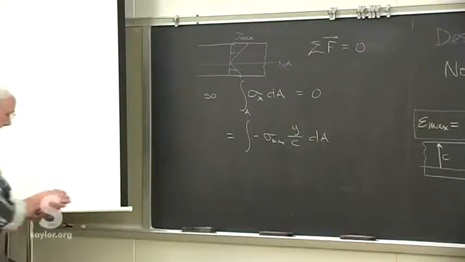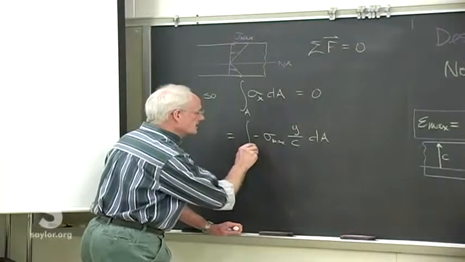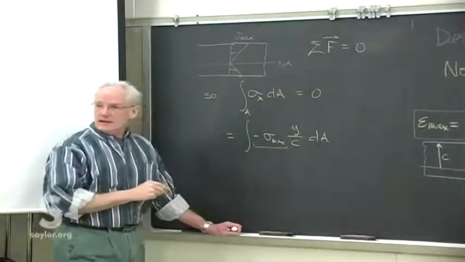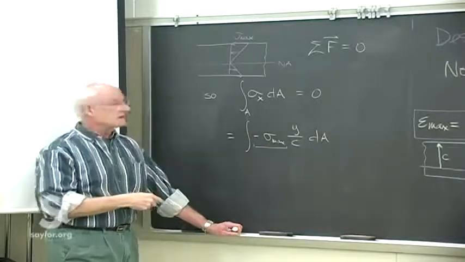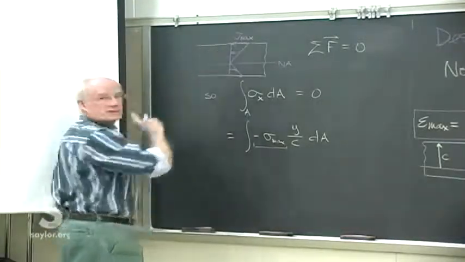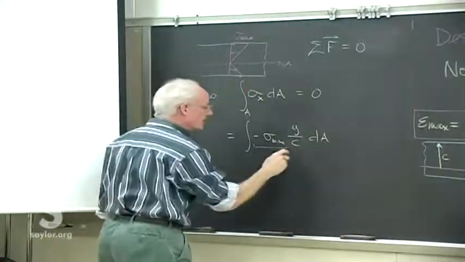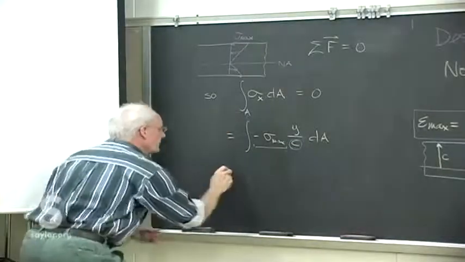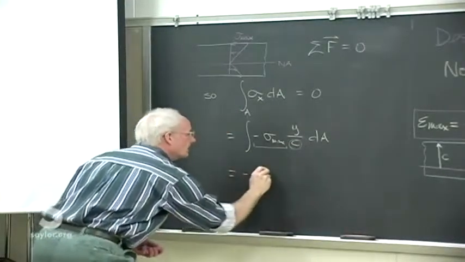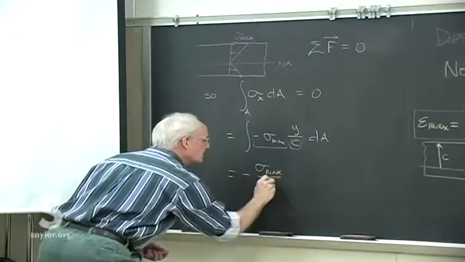Now, here's the beauty of this, and how we start getting to the answer. That is a constant. It doesn't vary anywhere in the cross-section, because that's the maximum stress at the outer limit of the beam. That doesn't vary. Neither does c, so we can bring those out of the integration.